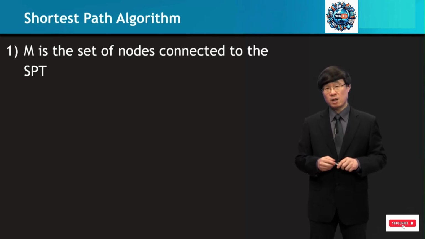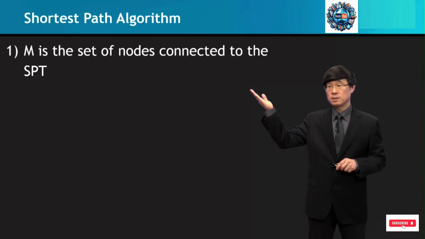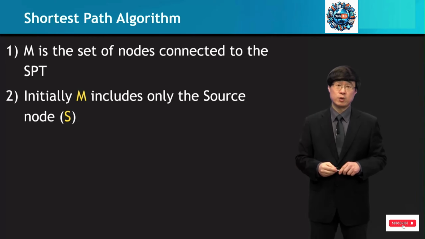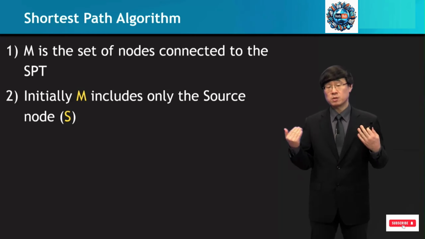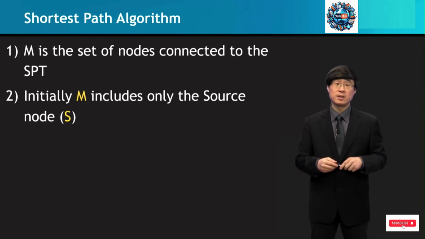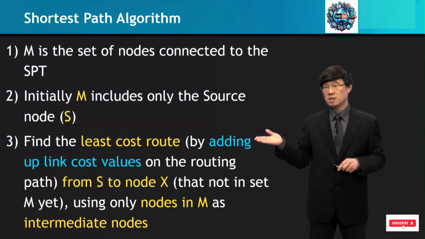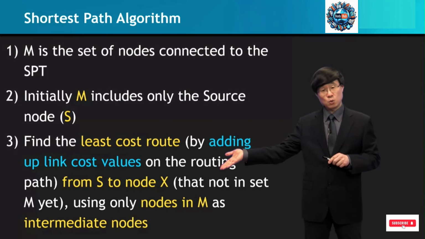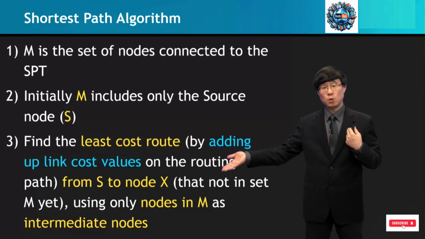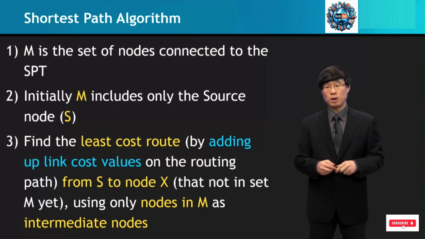The shortest path algorithm works in the following procedures. M is a set of nodes connected to the shortest path tree. Now, initially, it starts with no members, so basically, I'm the only member within the set M. We want to find the least cost route, and we want to find it from the source node, which is my node, to all the other nodes in the network.